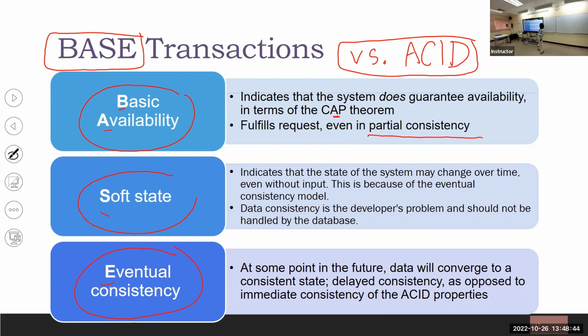But partial consistency. So basic availability for the BASE model means that the system would guarantee availability, but maybe in partial consistency or a weaker form of consistency. Okay.